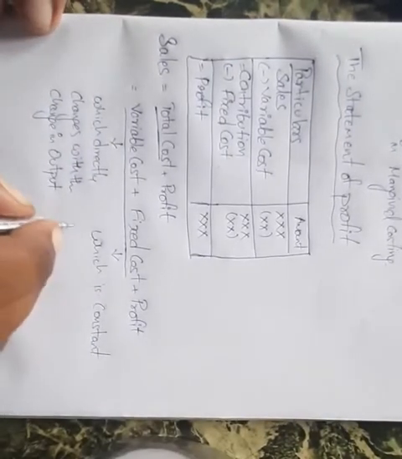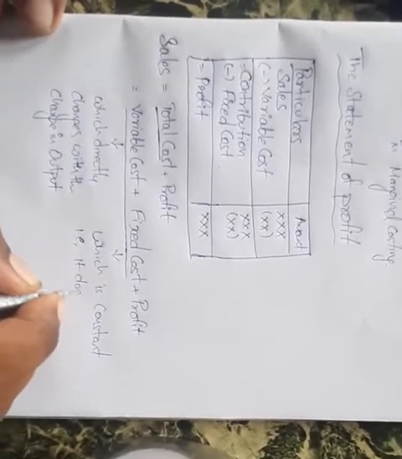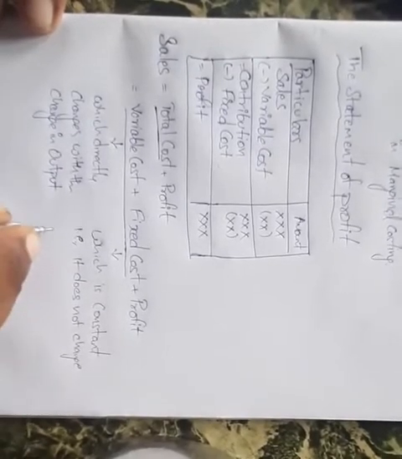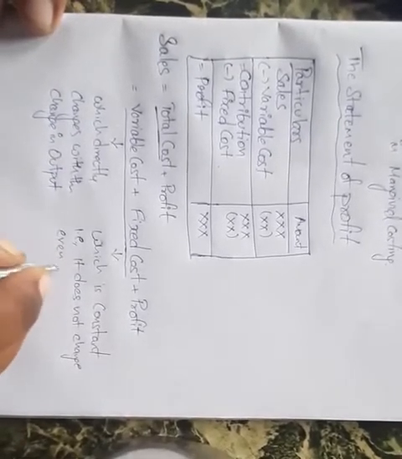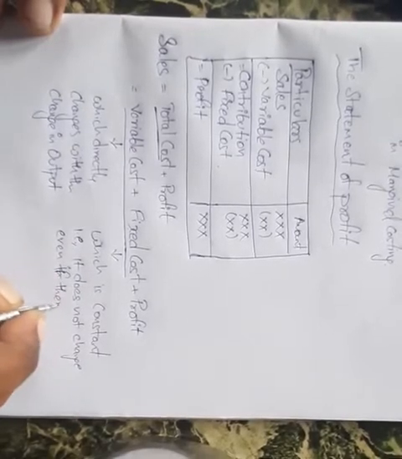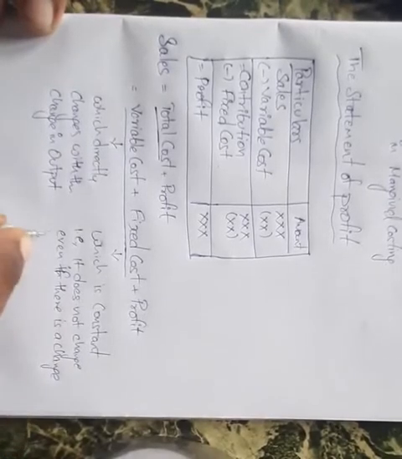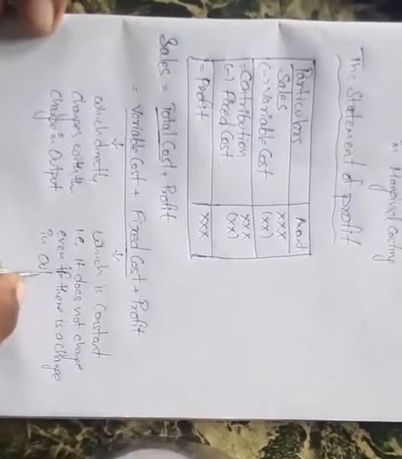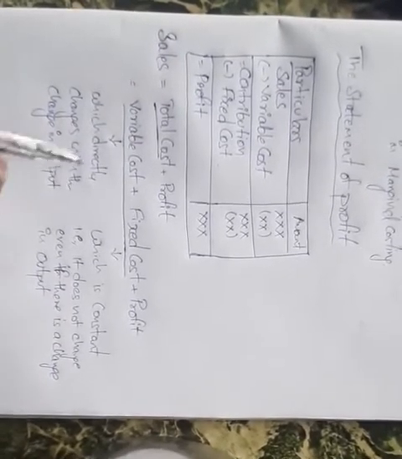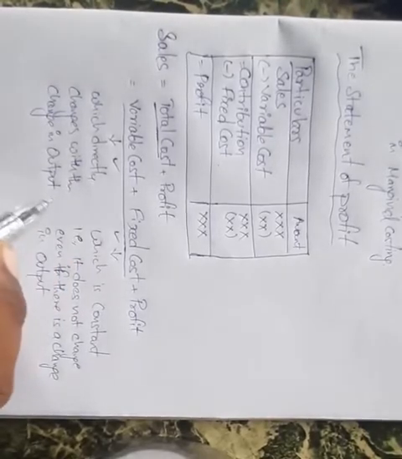That means it does not change even if there is a change in output. So this is the basic meaning of variable cost and fixed cost.